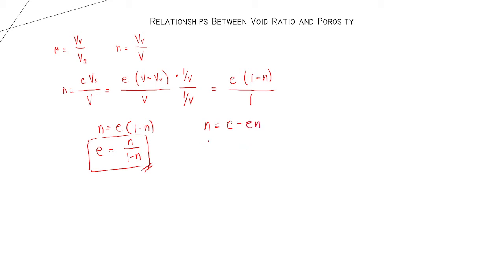And then e is equal to n plus e n. So I have just rearranged it a bit, and then e is equal to n times 1 plus e, and then n is equal to e all over 1 plus e. So there you have it. We have the first two relationships.